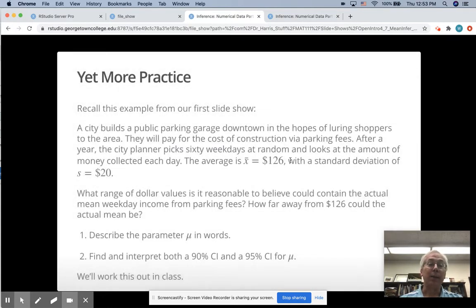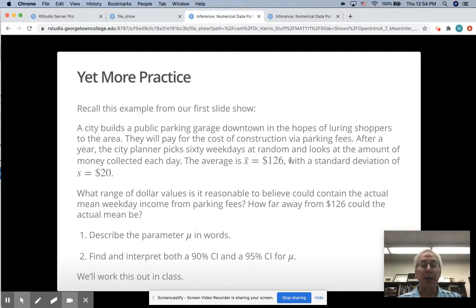And then lastly, here's another example. This is from the very first day of class, our very first slideshow. A city builds a public parking garage downtown. They are going to pay for the cost of construction with parking fees. The consultant told them that they should expect to collect $126 on average in parking fees during weekdays.